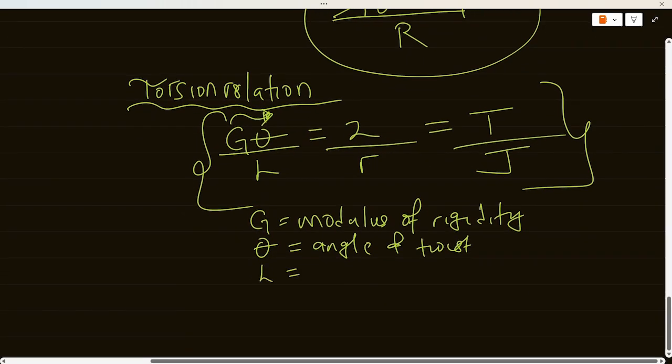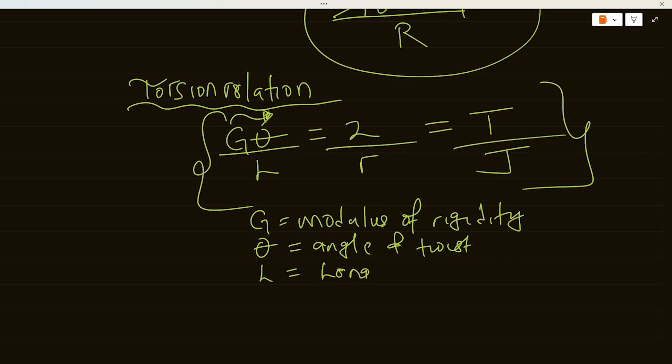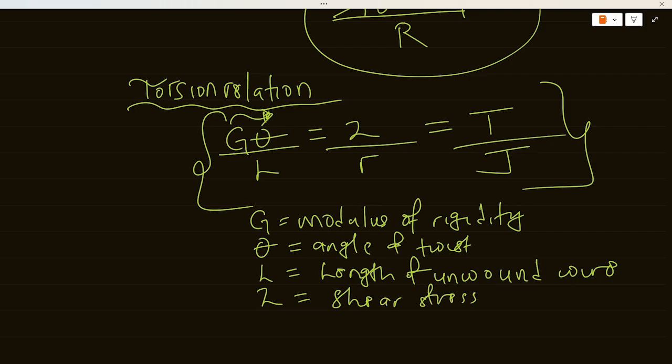Length, like I explained earlier, is the length of the unwound wire. Forgive my handwriting, guys. Tau is the shear stress. r is the radius of the spring wire.